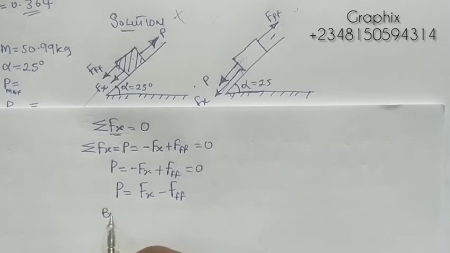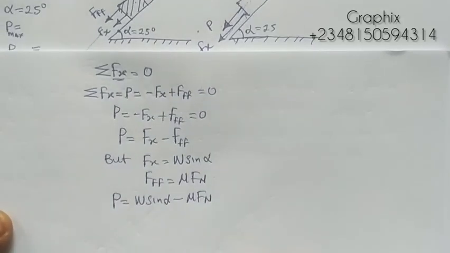But Fx is equal to W sine alpha, and Ff is equal to mu Fn, so P will now give me W sine alpha minus mu Fn.